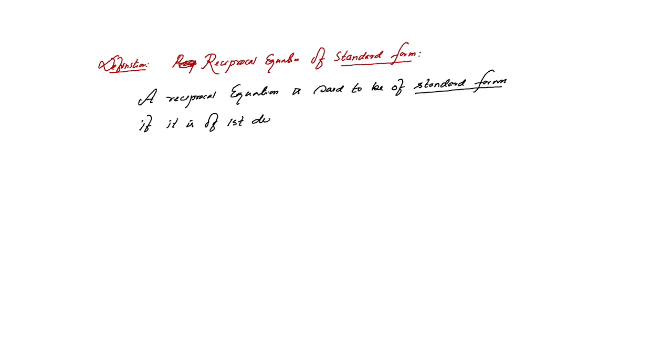A reciprocal equation is said to be of standard form when it is of first type, so that means the coefficient a0 equals an, a1 equals a(n minus 1), first type, the first condition.